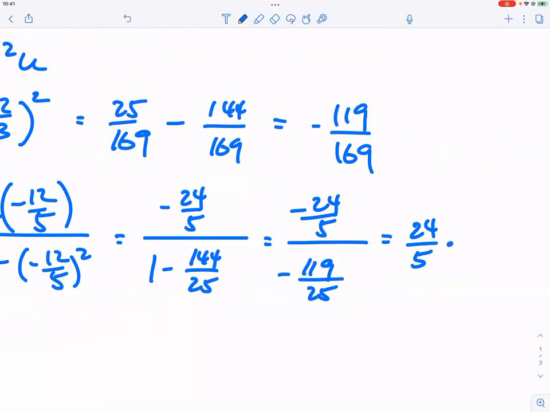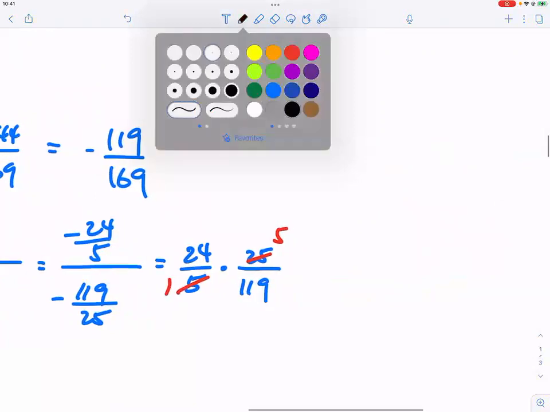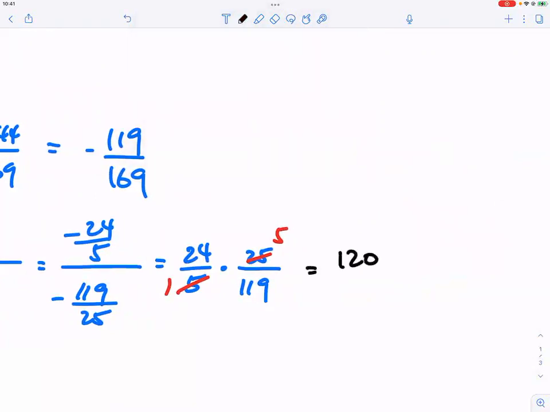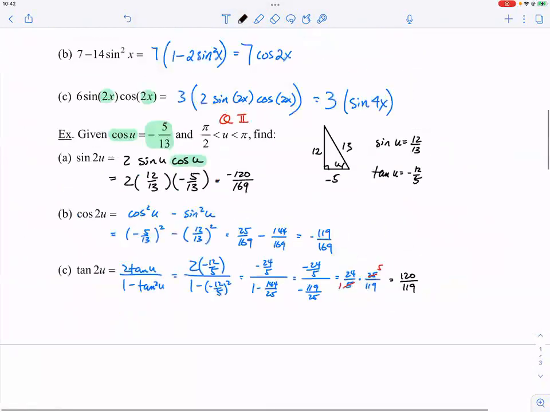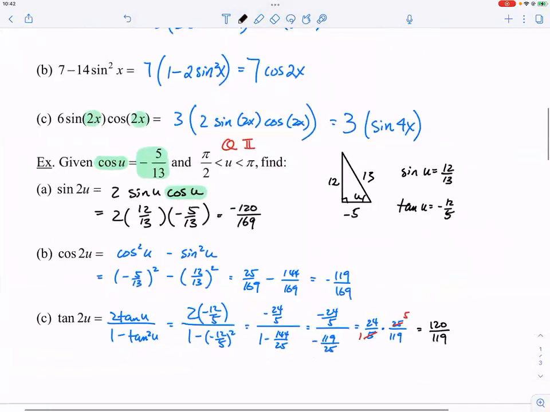So hopefully by now, everyone is very comfortable with these complex fractions. And so you go ahead and simplify. And we say, all right, so it's equal to 120 over 119. Okay. Pretty straightforward.